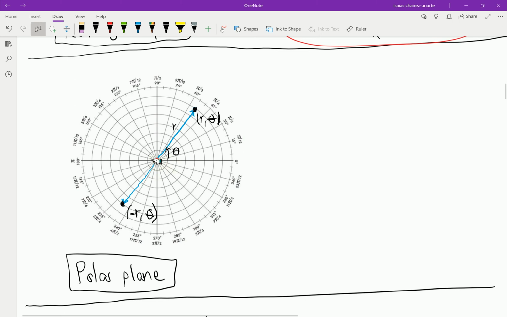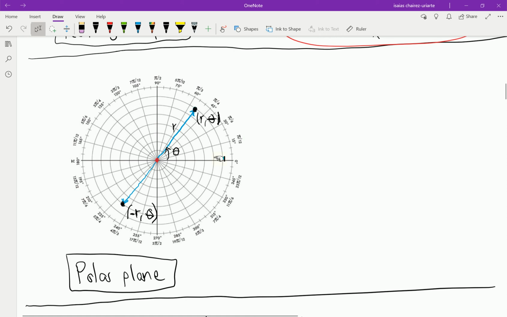From the pole to the first concentric circle, that's radius 1. To the second concentric circle, radius 2, then radius 3, 4, 5, 6, 7, 8. So the circles are measuring the length of your radius, and then you're measuring angles as well.